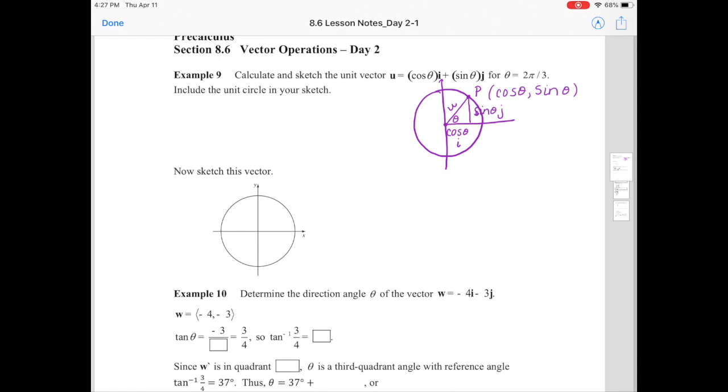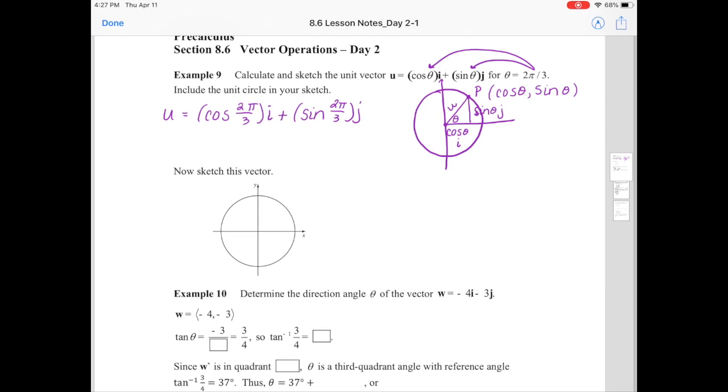If I know what theta is, I can plug it in for each location, such that u would be cosine of 2 pi over 3 i plus sine of 2 pi over 3 j.